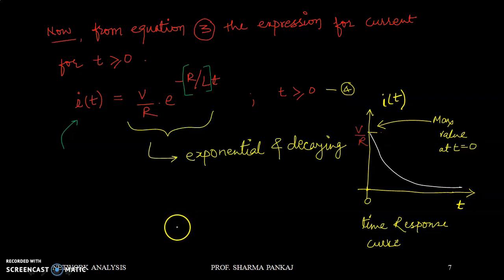The reason behind this is the storing element, the inductor, which always opposes a sudden change of current. Inductor stores energy in the form of half L i square, 1 by 2 L i square, before removing the source, that is, when time was less than 0.